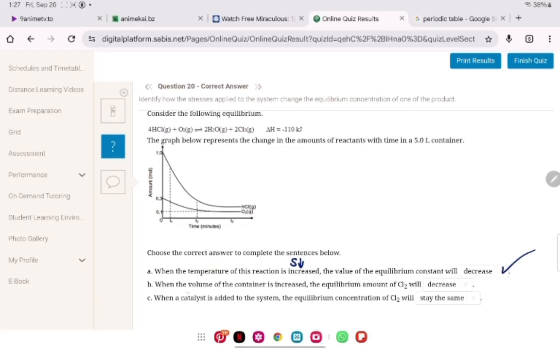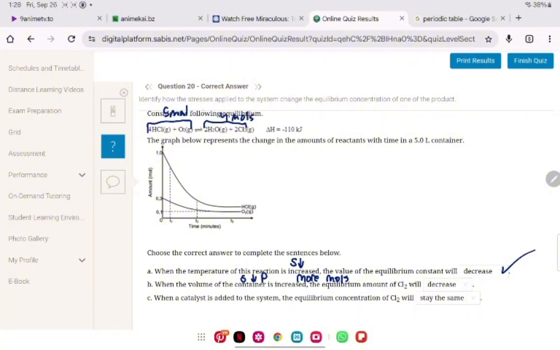Okay, when the volume of the container is increased, the system will decrease the pressure. And when we said that when the pressure decreases, it will move to the side with more moles. So here there's 5 moles, and here there's 4.